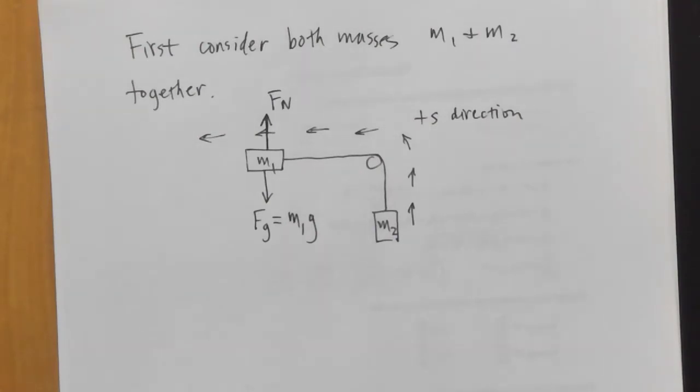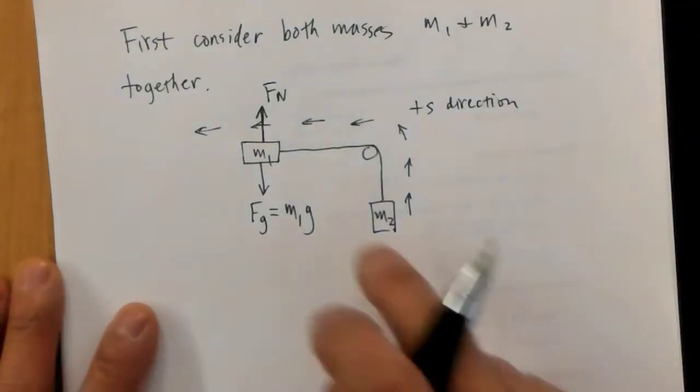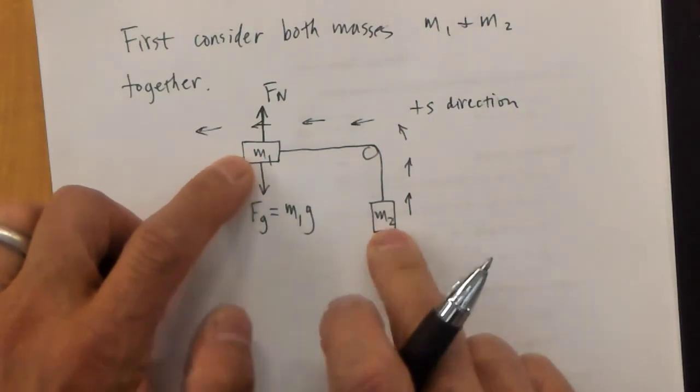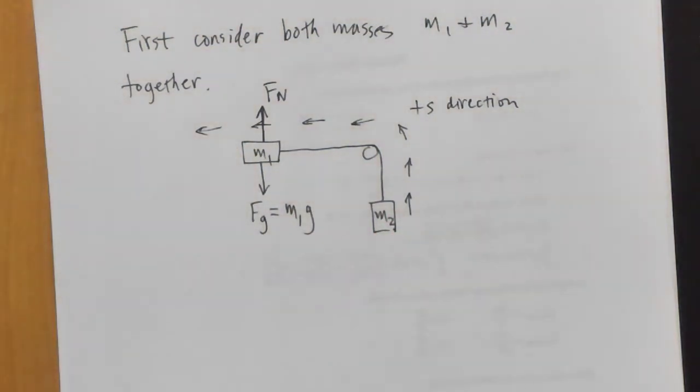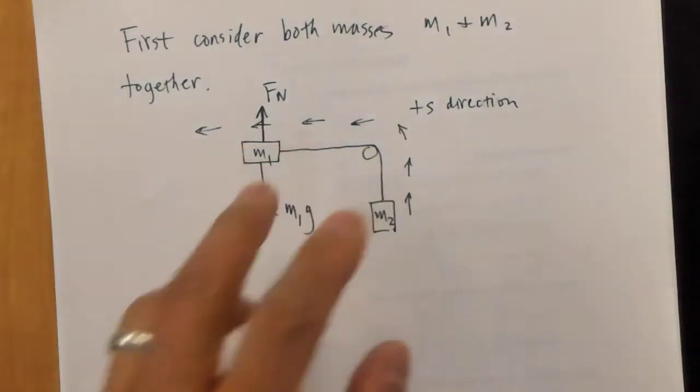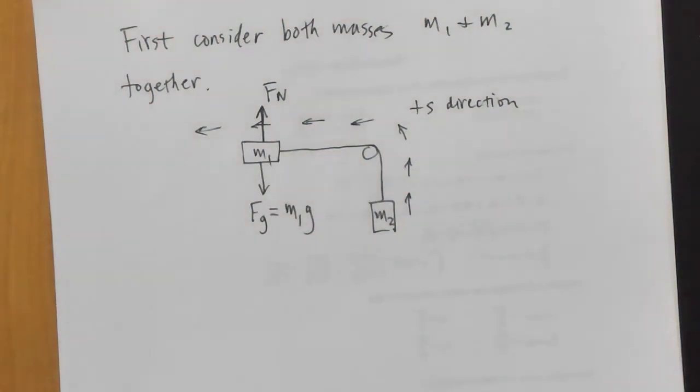Now, because I'm considering m1 and m2 together as a unit, the string is internal to the unit, so I don't need to consider the string tension. Does that make sense to everybody? Like if I'm doing a free body diagram for me, I don't need to consider the tension, for example, of my muscle connected to my arm.